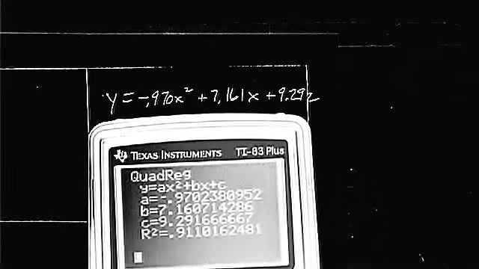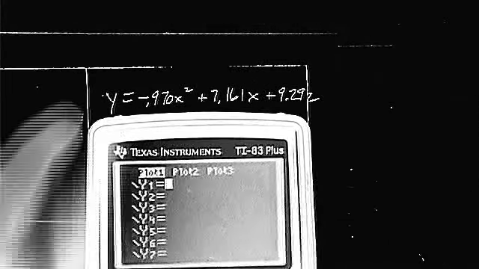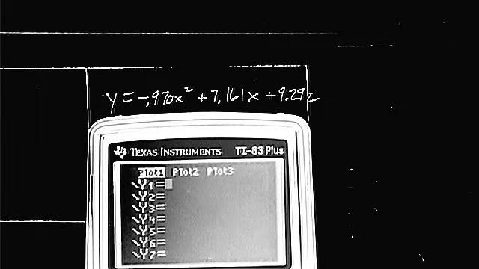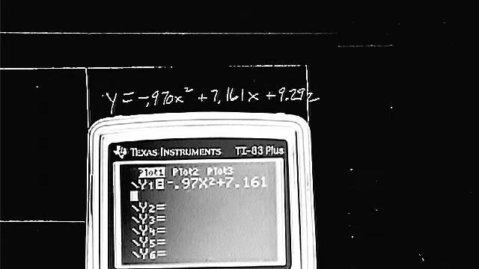Okay, so I can go to the y equals and write down this equation: -0.97x squared plus 7.161x plus 9.292.